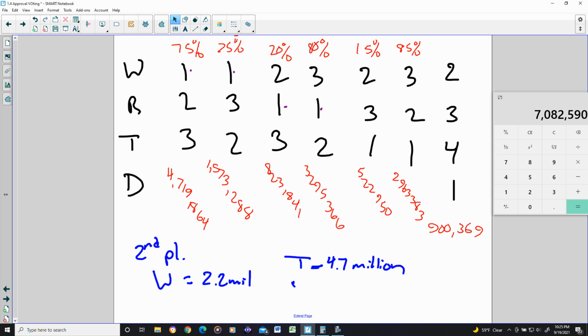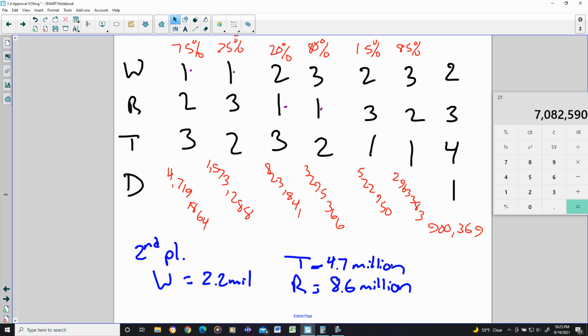How about Roosevelt? 4.7 plus about 3 million. So he's got 8.6 million. Roosevelt has a massive amount of second place votes. Here's another way, look at his third place votes.